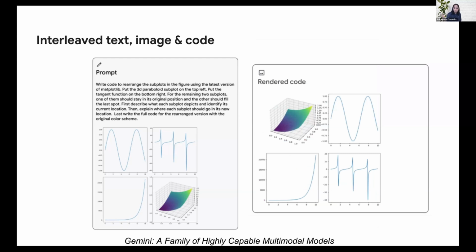The re-rendered plot moves the colorful parabola from the bottom right to the top left, and the top left image moves one over, and similarly, you can observe the images in the bottom row. It's fascinating, and particularly mind-blowing, that the model is able to reason across code, image, and text as a modality. And this really starts to show up in interesting, useful ways where you have to do, for example, data analysis tasks.